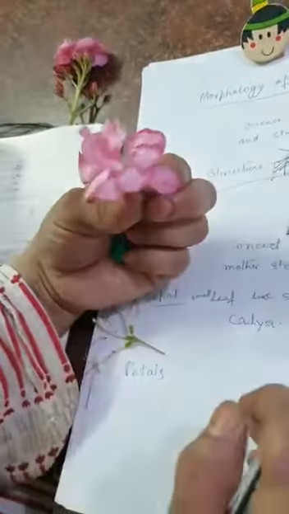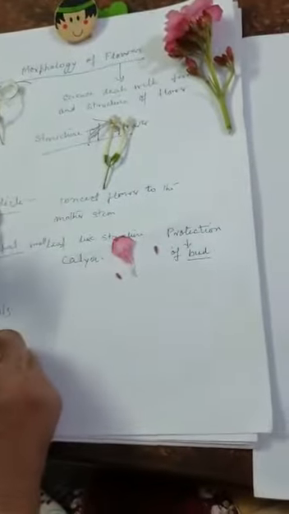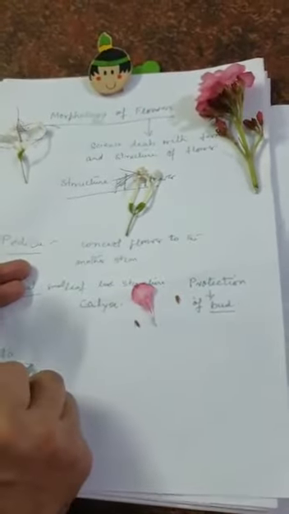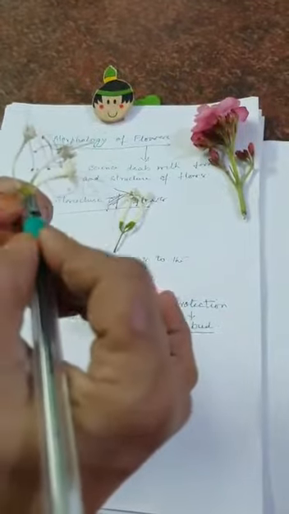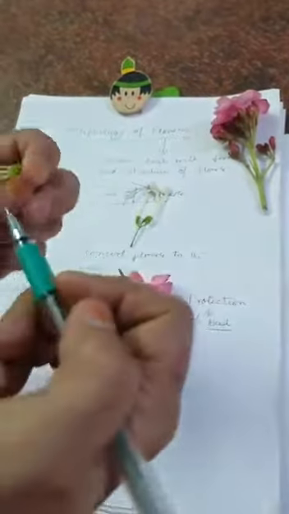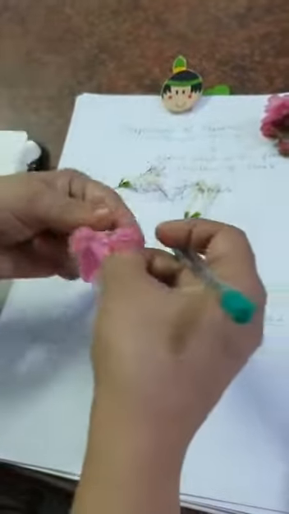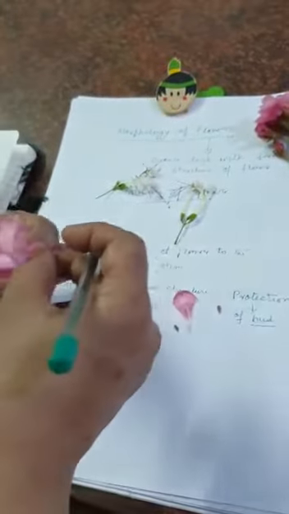Come to the petal. Petals are these colored structures. This layer lies just above the sepal layer. Come to this flower, just above the sepal layer. White in color, pink in color, they are often bright in color.